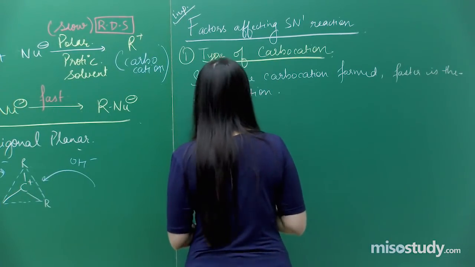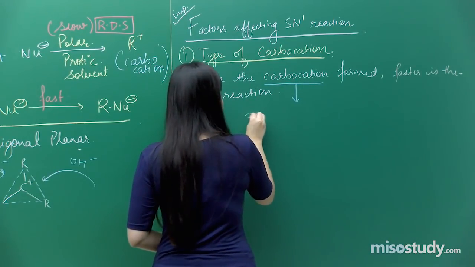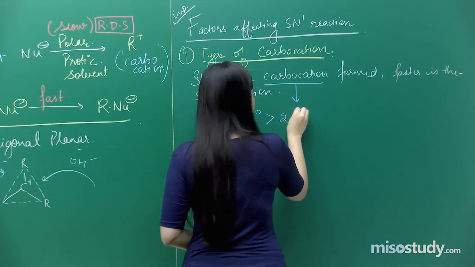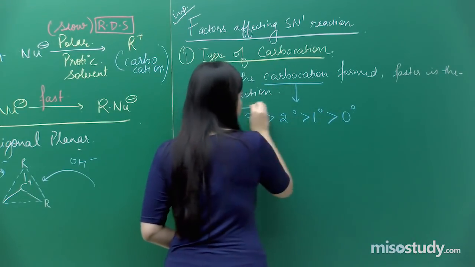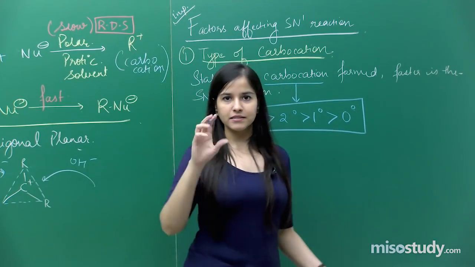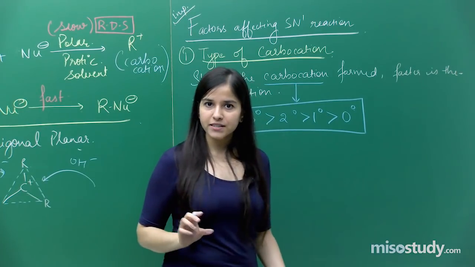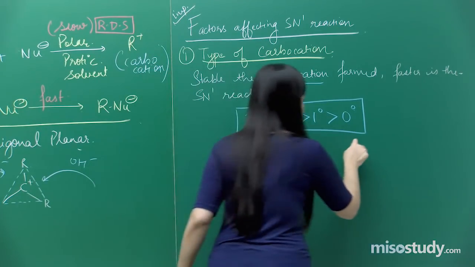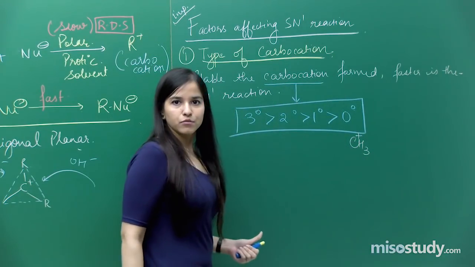So what is the stability order for the carbocation if I consider? It's tertiary, secondary, primary and then finally the 0 degree one. You may not find this 0 degree term in the book, but what does that 0 degree signify? It signifies methyl carbocation. Clear?